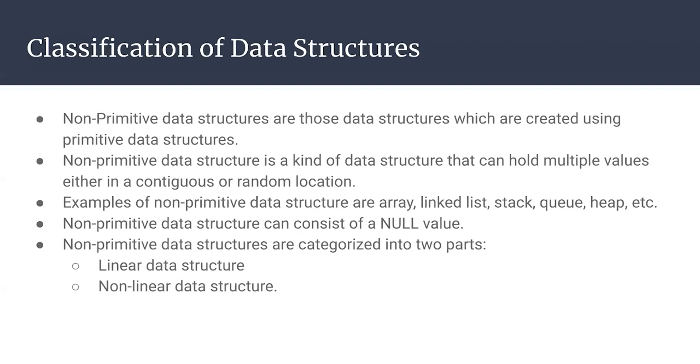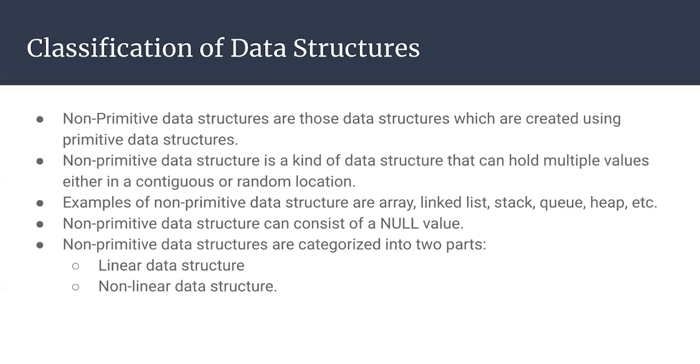Examples of non-primitive data structures are arrays, linked lists, stacks, queues, heaps, etc. Non-primitive data structures can consist of null values. Now these data structures can be null. So you may introduce a list of integers, and it could be null as well, right?